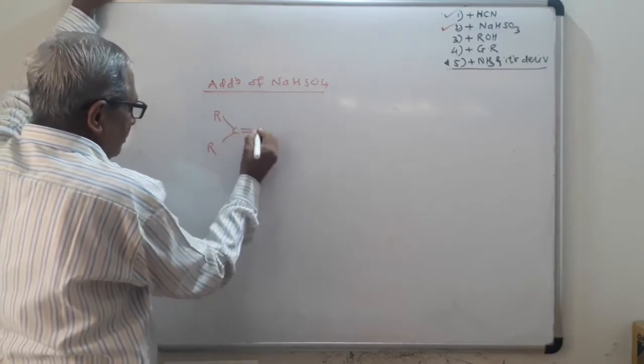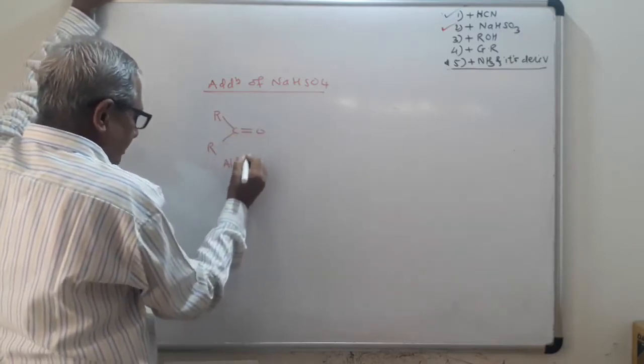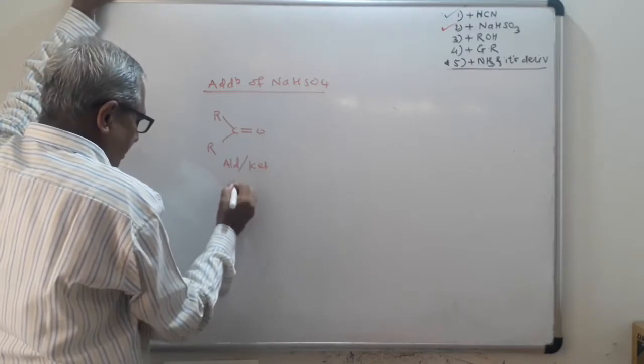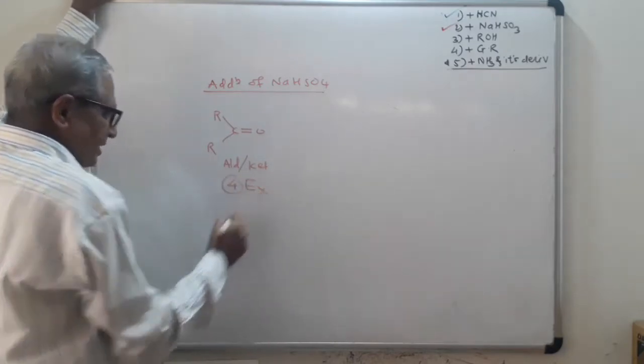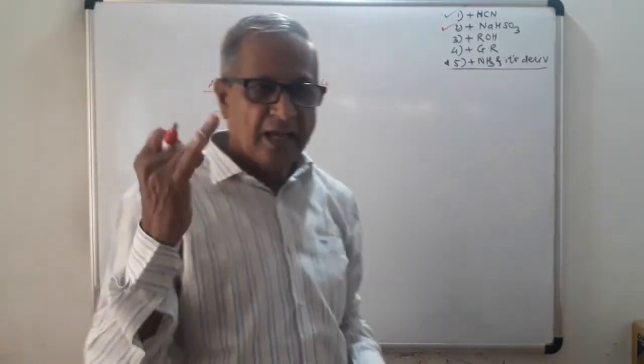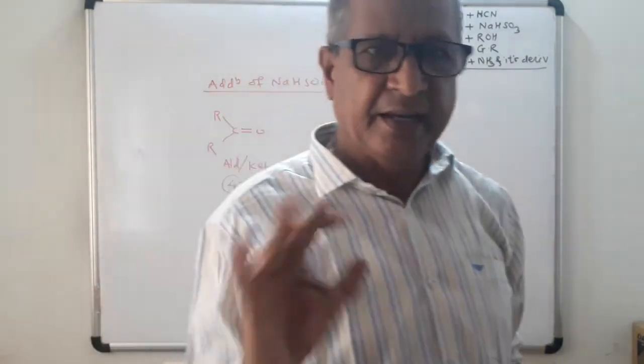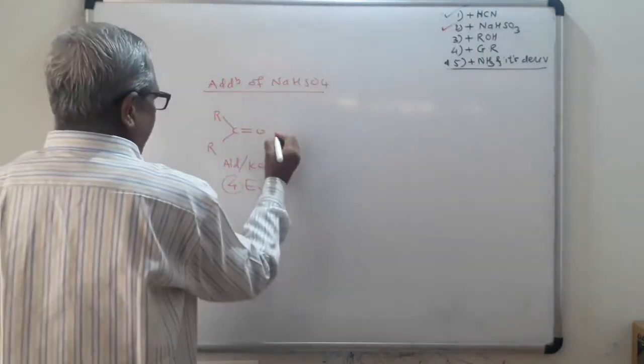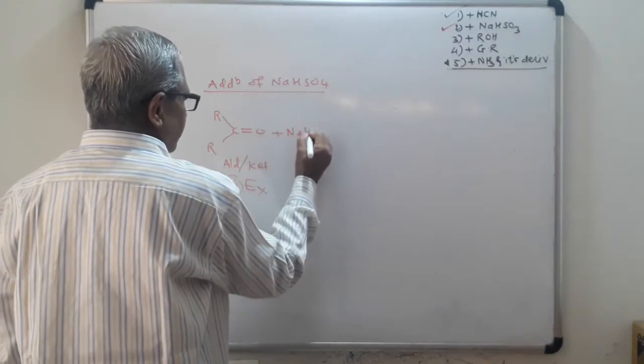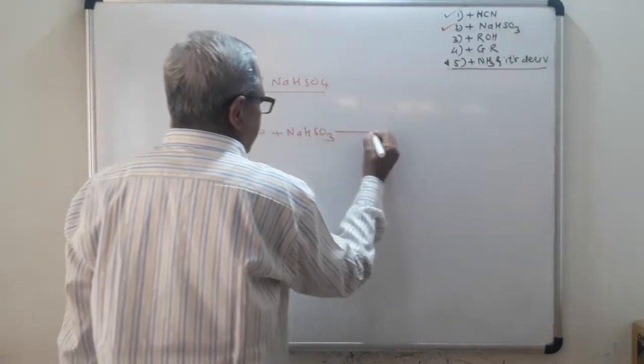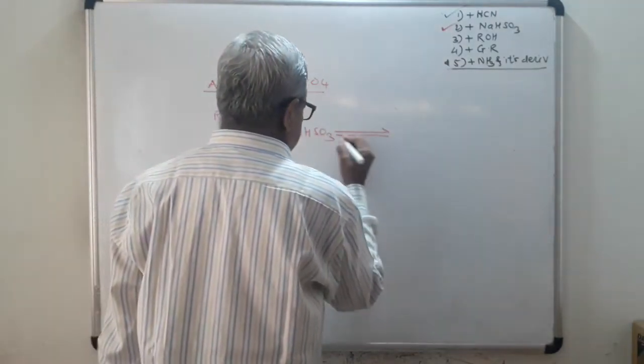R-C double bond O. It may be aldehyde or it may be ketone. I have taken the four examples: formaldehyde, acetaldehyde, benzaldehyde, and acetone. You will add here NaHSO3, sodium bisulfite. It is again a reversible reaction.